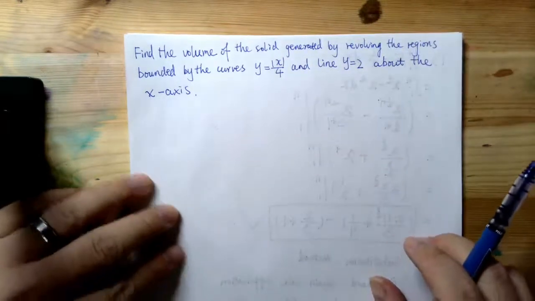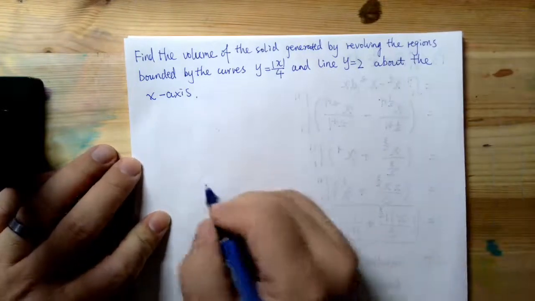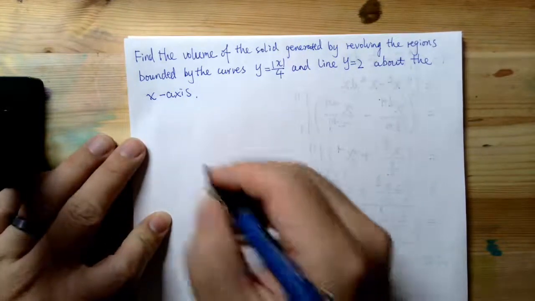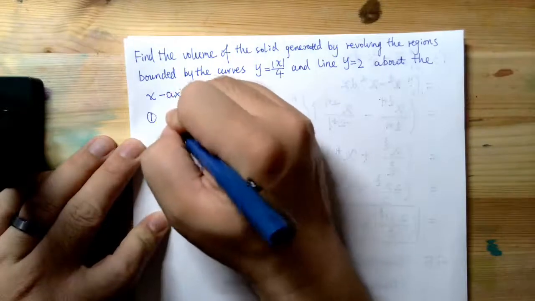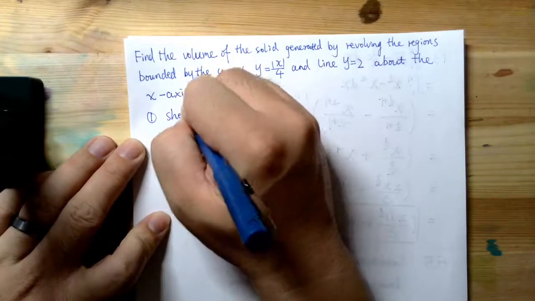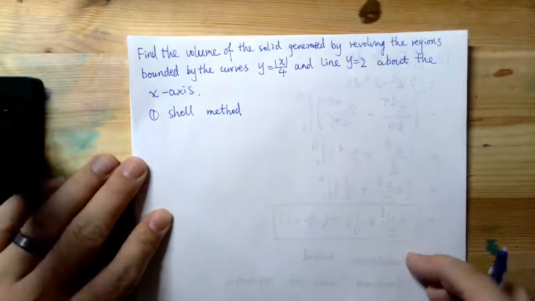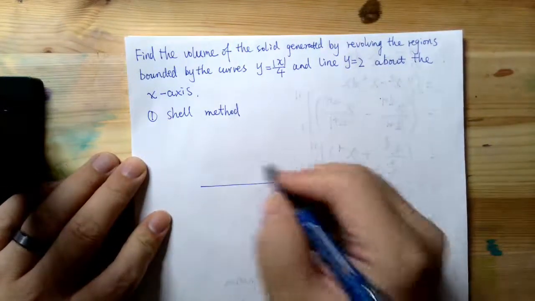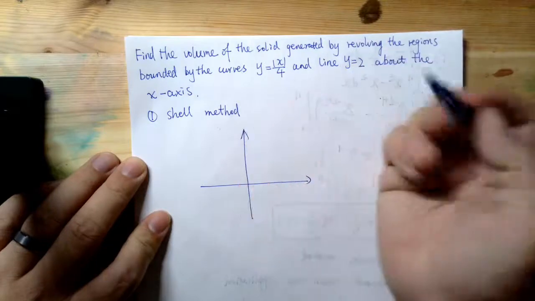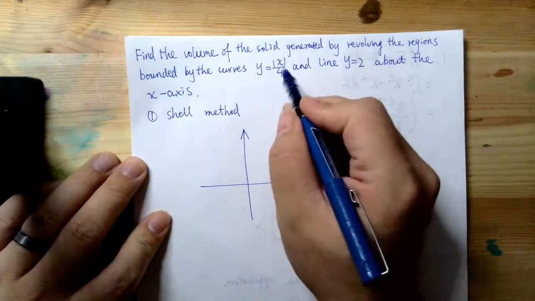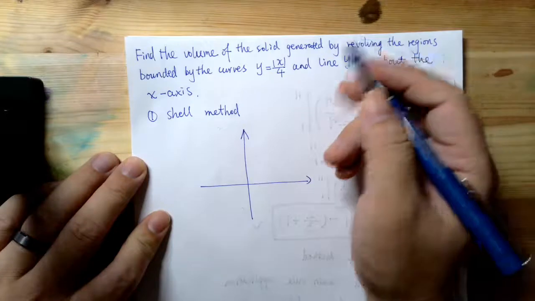Okay, again, let's try to draw that. Maybe let's see. First, let's use the shell method. Okay, so let's draw that. The graph of the absolute value of x is like the V shape, okay?